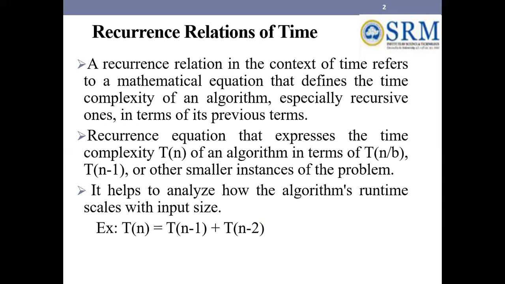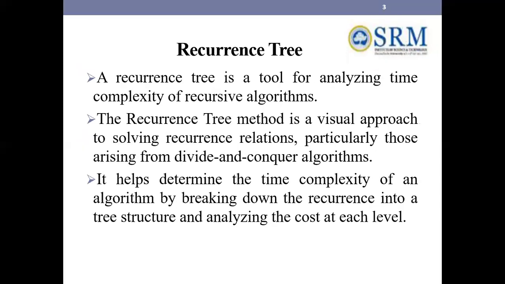T represents the time taken by the algorithm to produce the result, where n is the number of inputs, called input size. So the recurrence equation contains two variables, time and input size n.